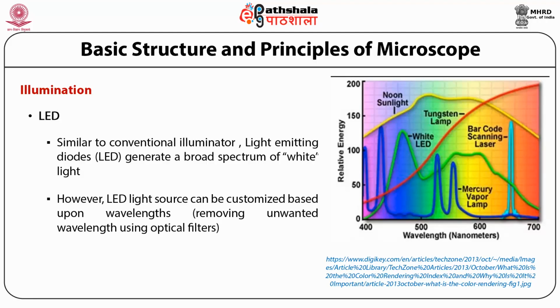And in this graph we can see the wavelengths that are available. So the red represents the tungsten light, and with the relative energy we see the tungsten lamp produces all the wavelengths but has higher energy at the higher wavelengths. Mercury vapor lamp also has a range of white light, but the intensity, or the relative energy, peaks at specific wavelengths.